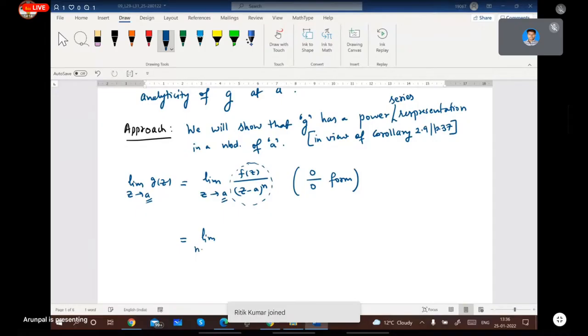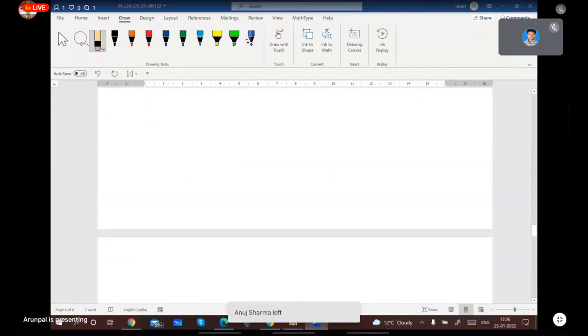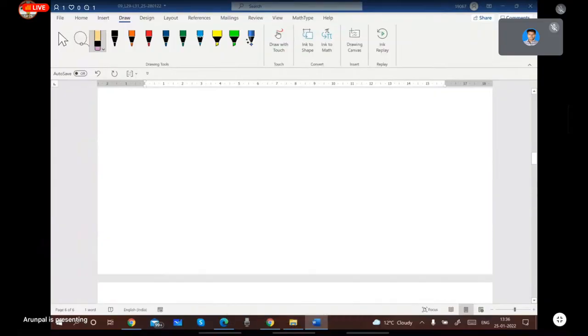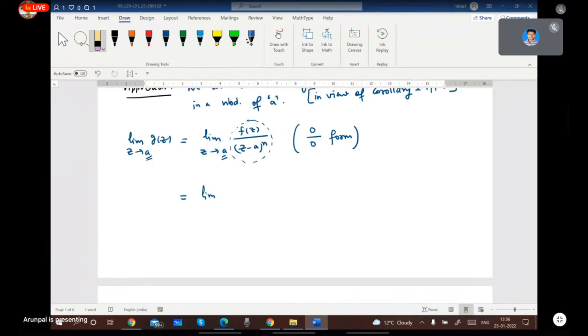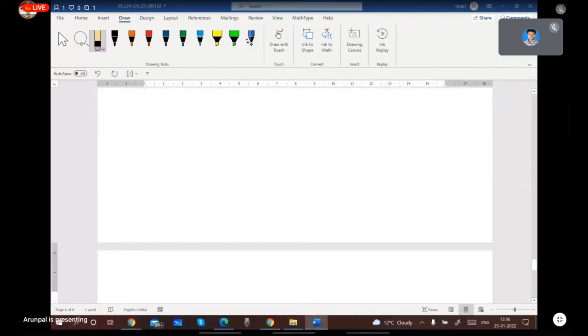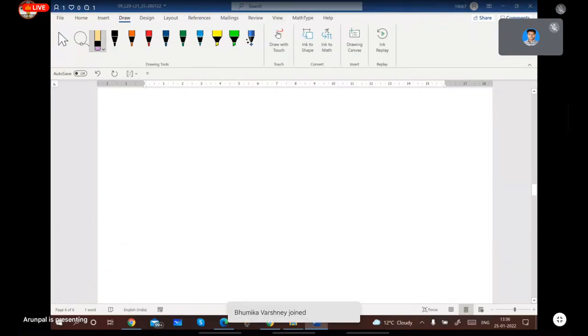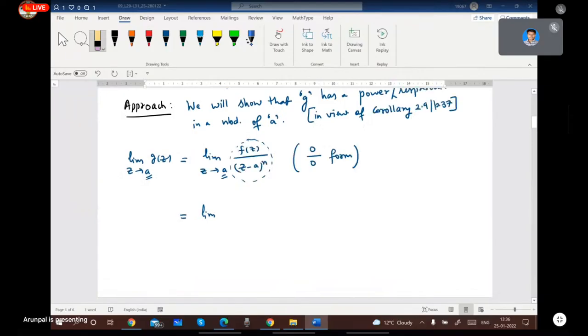According to L'Hopital rule, this limit will further be equal to the limit where you take the derivative of the numerator separately, and the derivative of the denominator separately.